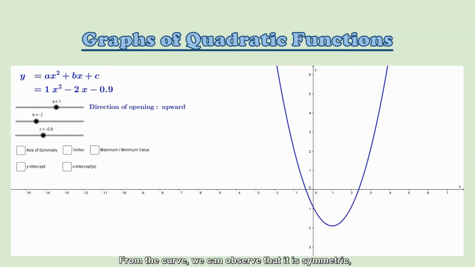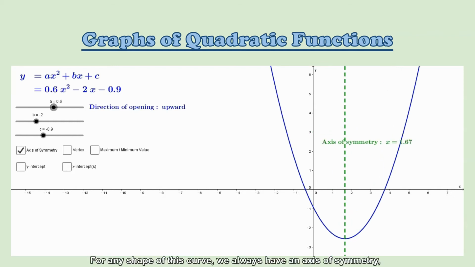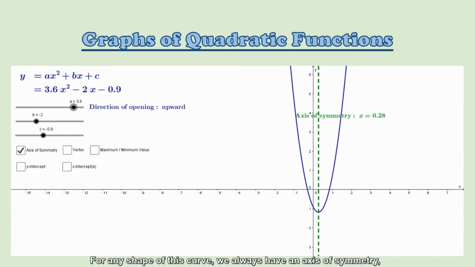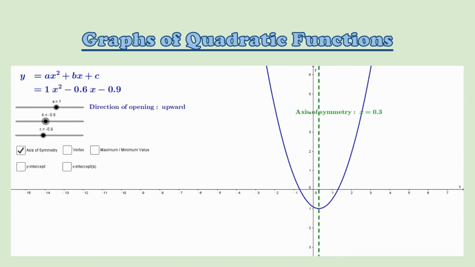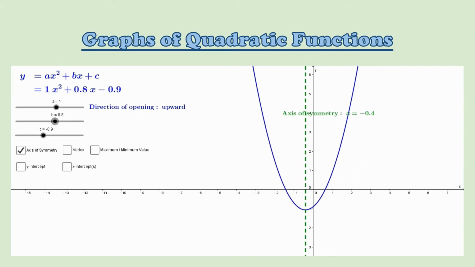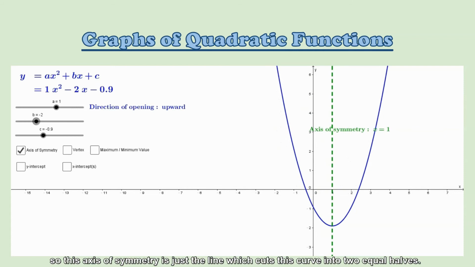From the curve, we can observe that it is symmetric, and we can draw an axis of symmetry like this. For any shape of this curve, we always have an axis of symmetry. So this axis of symmetry is just a line which cuts this curve into two equal halves.